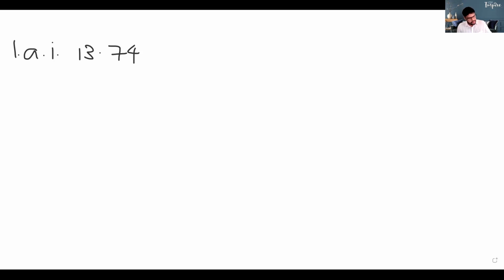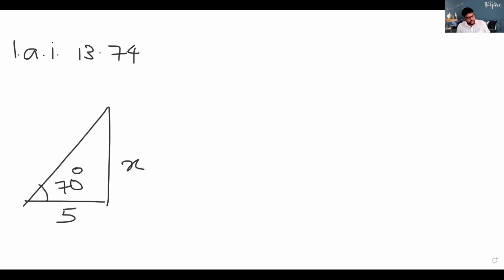It's better. So this question, children, was a trigonometric question where you had to find the side length of this triangle, right? So we learned about the 3 trigonometric functions, sine, cos, and tan. For this one, we have to use the tan ratio because this is the opposite side. So we named the sides, children.